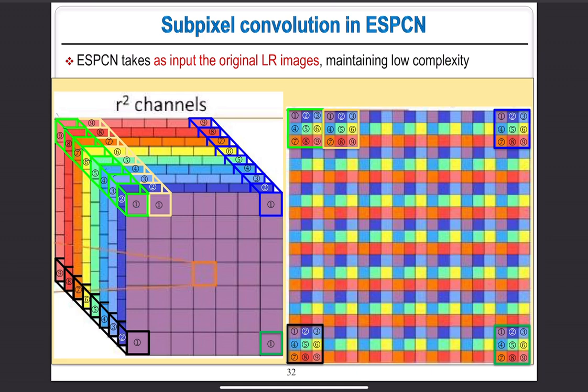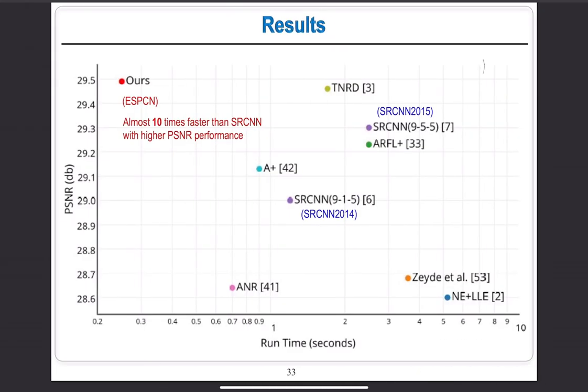Instead of treating each feature map as a separate image, ESPCN treats them as building blocks for constructing a larger image. This novel idea achieves super resolution with significantly lower operations than traditional deconvolution, as shown here.